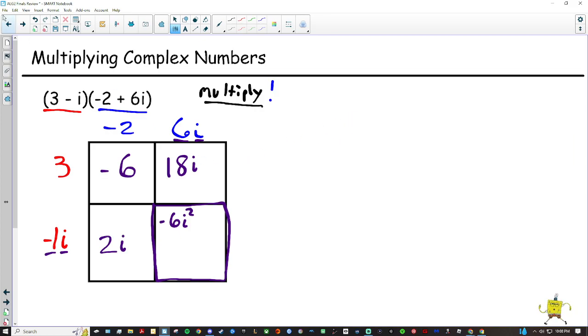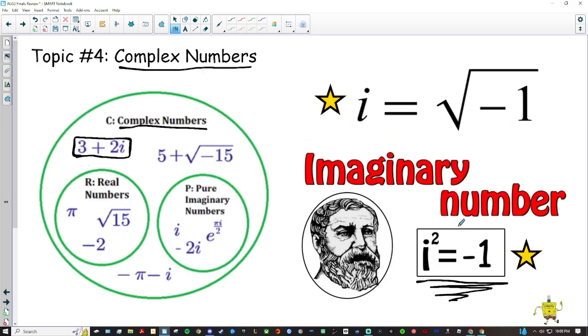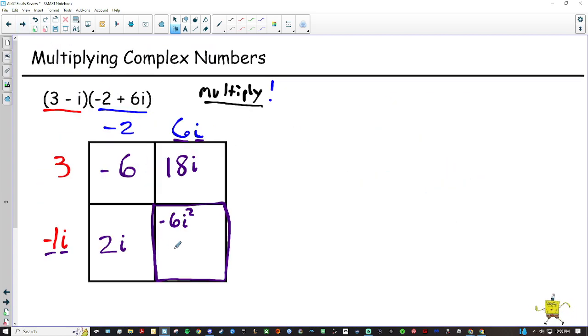Now, if you remember, i squared is -1. So we're going to rewrite this as -6 times -1. We're turning the i squared into a -1. And -6 times -1 becomes +6. So this is my number in my box.